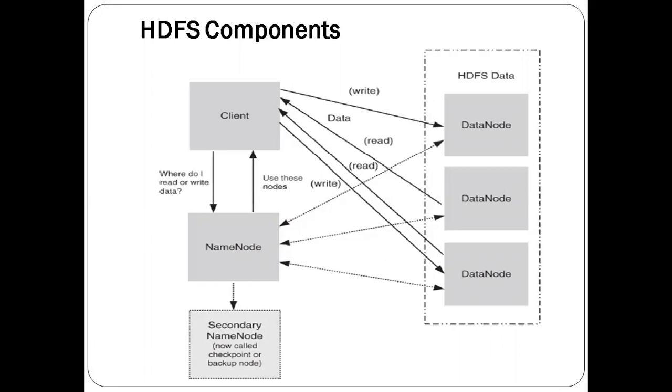After that, it tells the client back these are the data nodes to be written, and the files are stored in the data node. At the same time, the file creation date, time, where the files are stored, in which data node these files get stored, all the metadata information is stored in the name node.